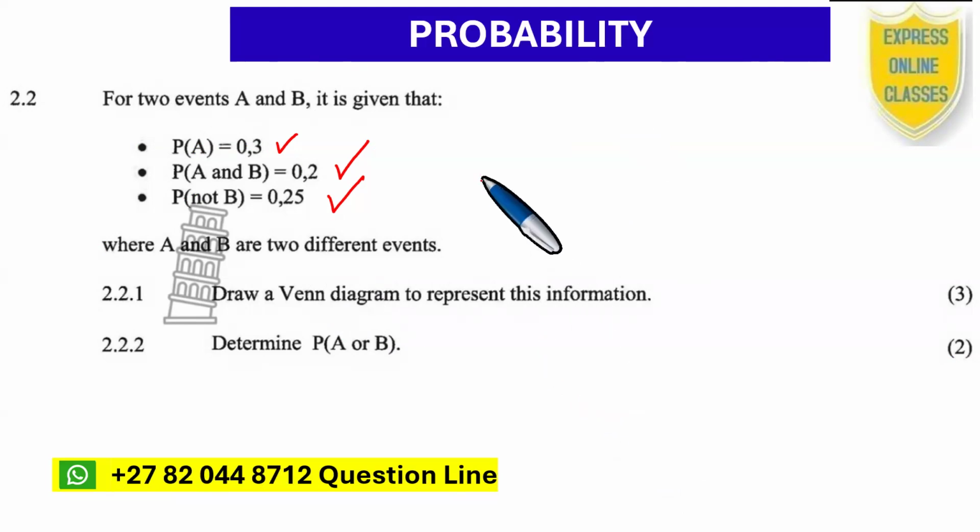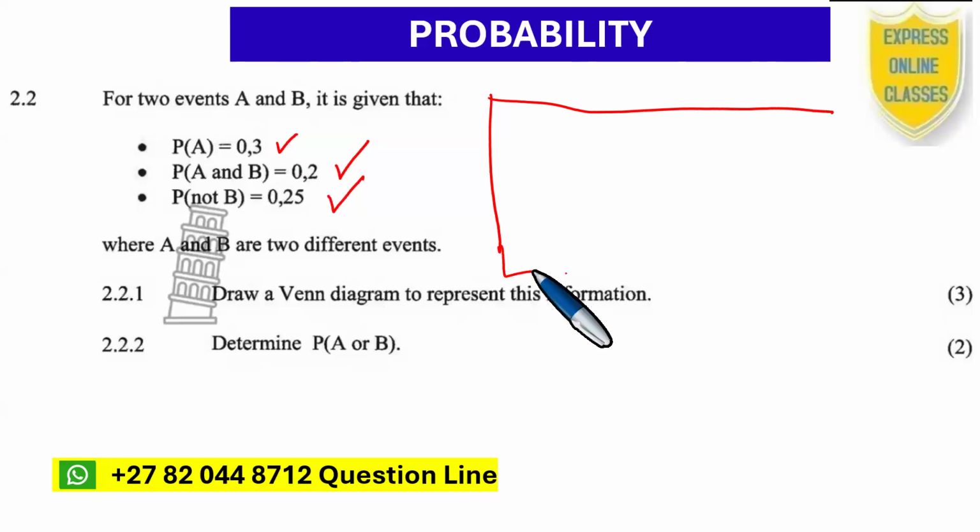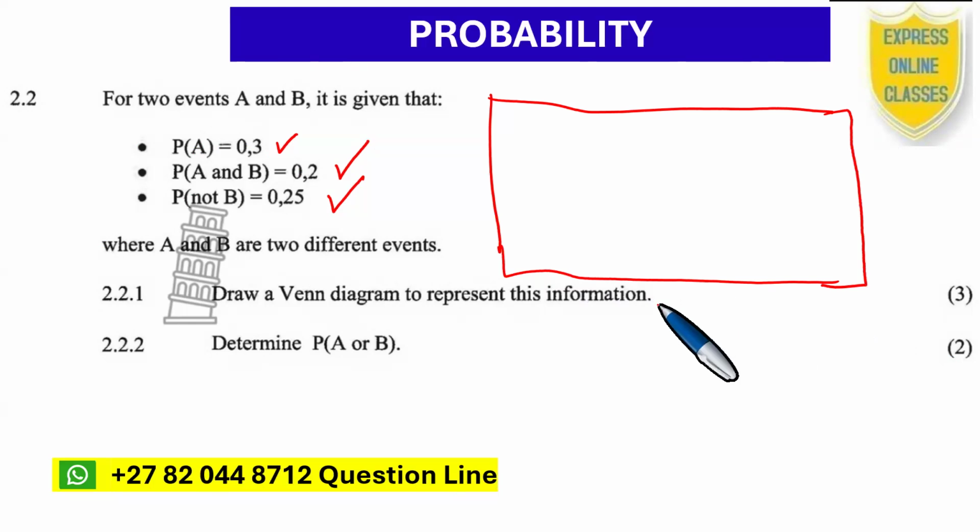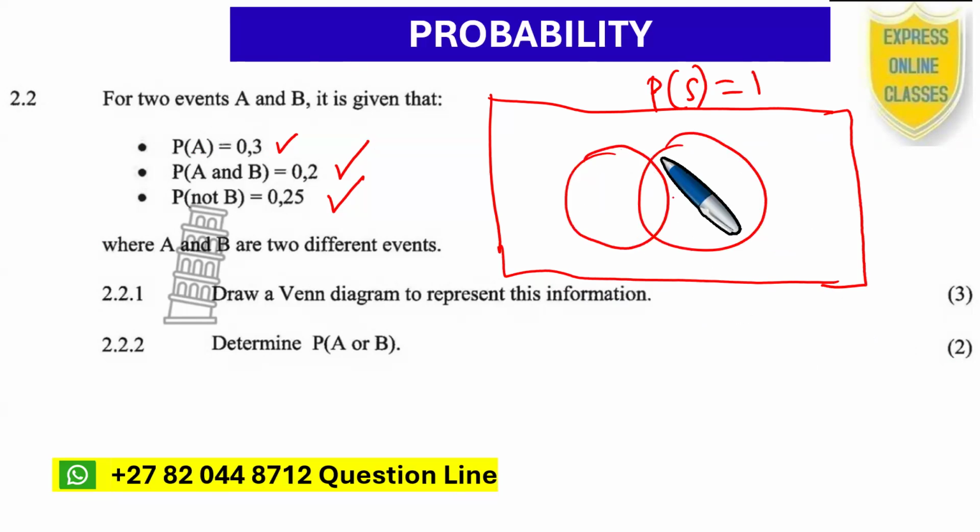So what we're then having here is the following. Here is the Venn diagram. This is called the universal set. The probability of the entire sample space is 1. Events A and B intersect because the probability of A and B is 0.2.